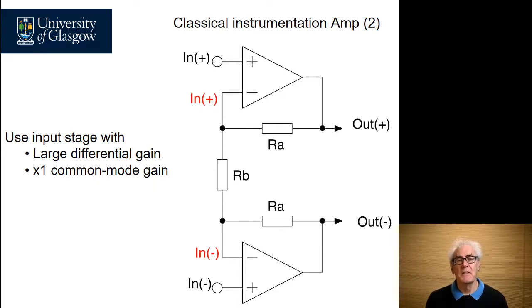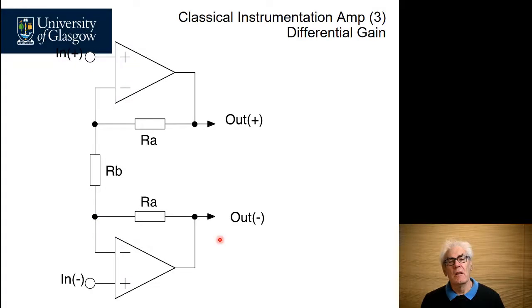So doing some analysis around this circuit, if we have an input signal at in plus, which is up here, then because we have a perfect op-amp, we have in plus superimposed here, and similarly on the negative side we have in minus applied here. Let's start doing the analysis of the differential gain of this buffer amplifier and see how it helps the performance of our instrumentation amplifier.